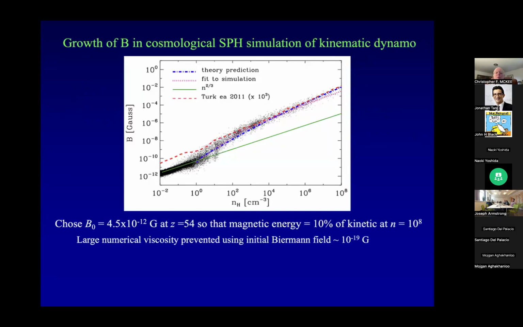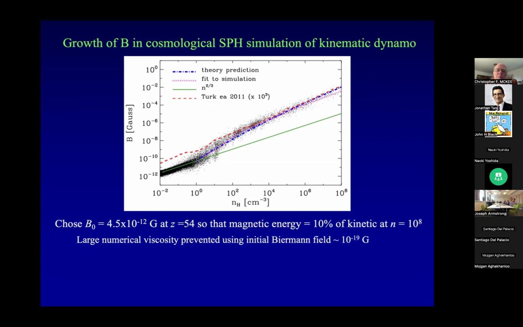So this is what we found in terms of the field. The little dots are the field at different points in the simulation at the end of the SPH simulation. And our theory is the blue curve, the fit to the simulation is the red dotted line.